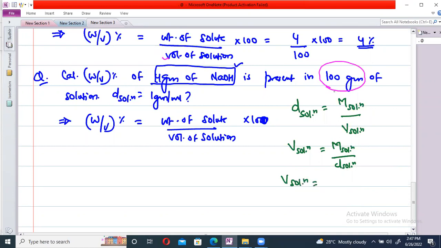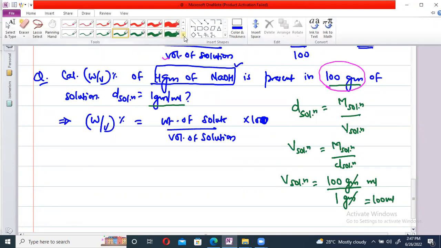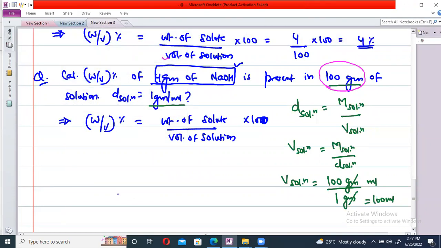Now find the mass of solution. They give 100 gram of solution, so mass is 100 gram, divided by the density of solution they give, which is 1 gram per ml. Gram gets cancelled, so volume of solution is equal to 100 ml. Substitute this value here and we will get the answer: weight of solute 4 gram, volume of solution 100 ml, into 100.